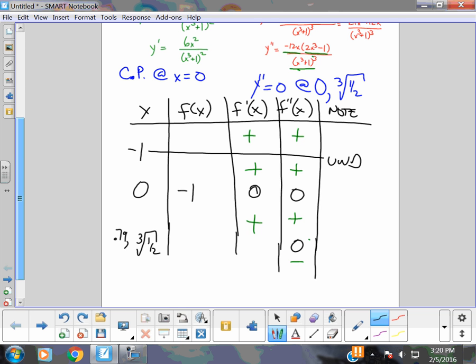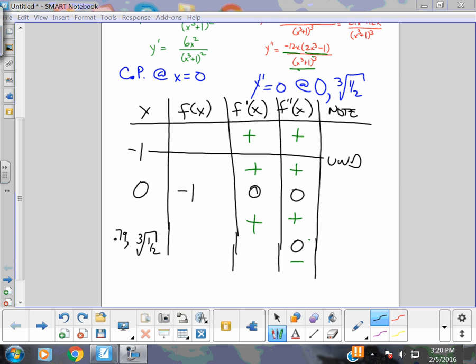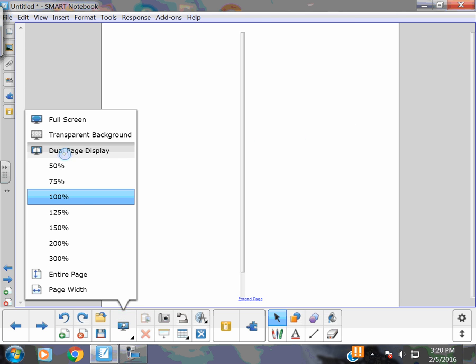Now, I have developed a table where there are no max or mins. I see it is always concave up except from 0.79 to infinity, and it's not concave up or down at 0. So I think now I can go to a dual page, and I can make the graph.